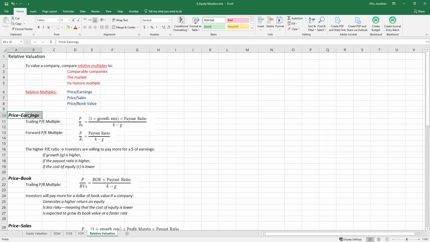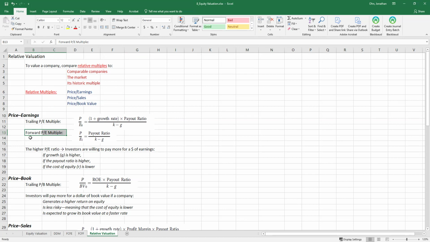Okay? So let me make it simple. The first one is the price earnings ratio. There are two different versions: one is trailing, one is forward, right? Usually forward is the more popular way. So the formula is this one here.